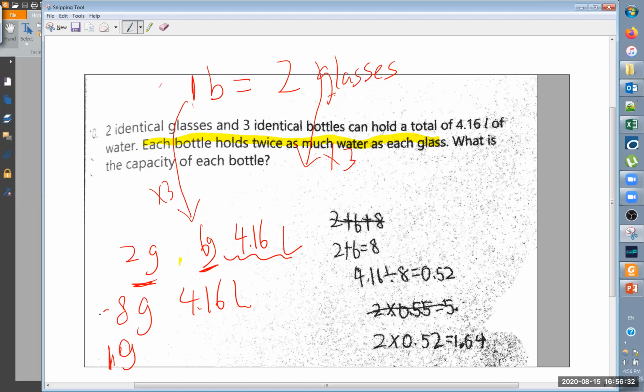So proportionality, your glass is divided by 8, so the volume also divided by 8. So what is the 1 glass then?